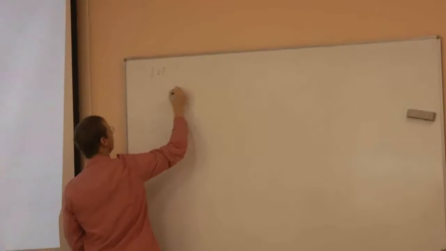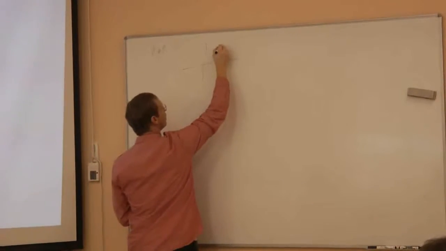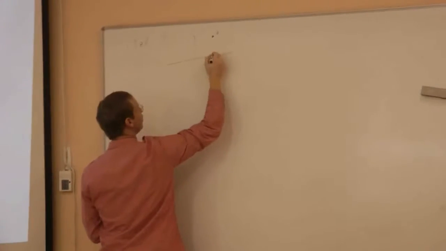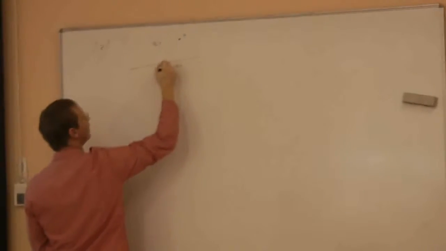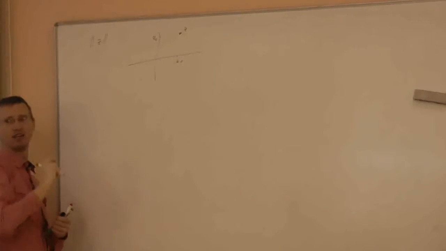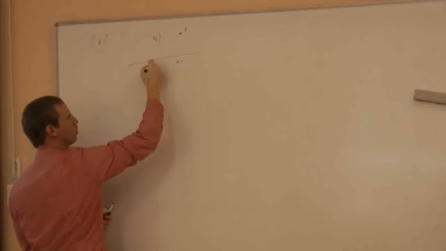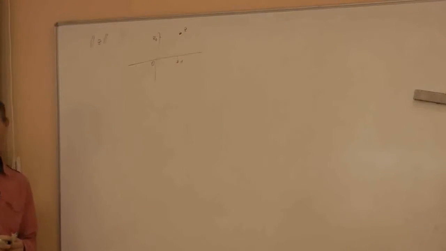So if we have something like this, the norm of z, then if this is the point z, which is given by z1 and z2 coordinates, then the norm is the distance of this point from the origin. The origin has 0 coordinates.